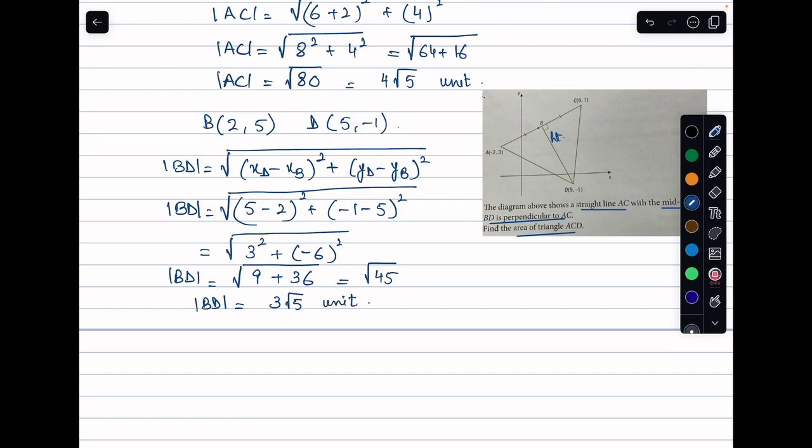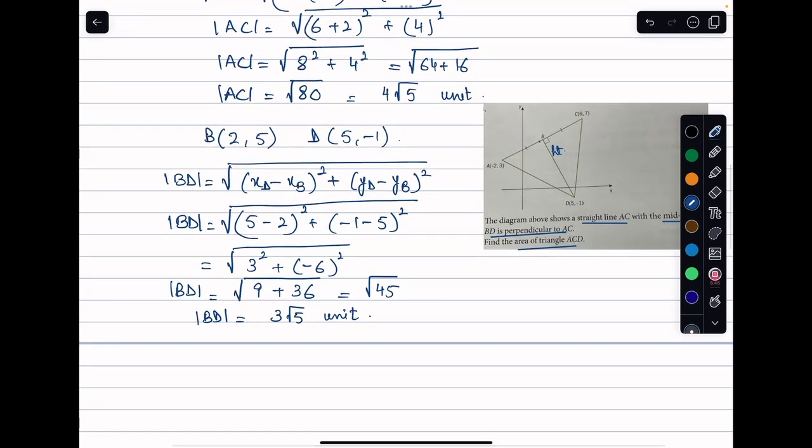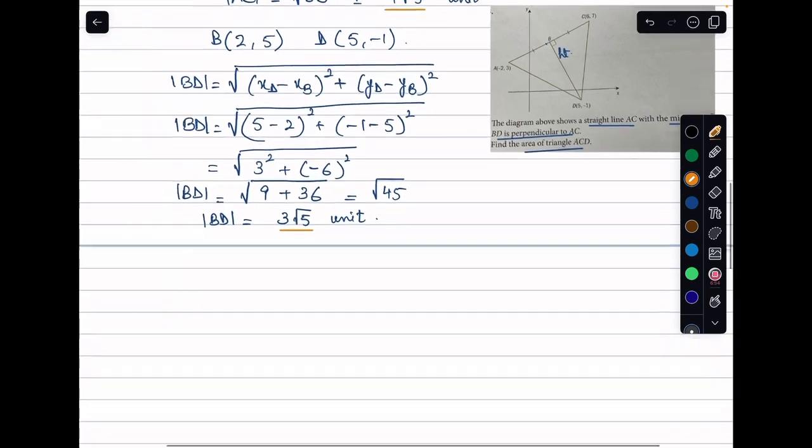So I have the base length AC, which is 4 under root 5. I have the height, which is 3 under root 5.